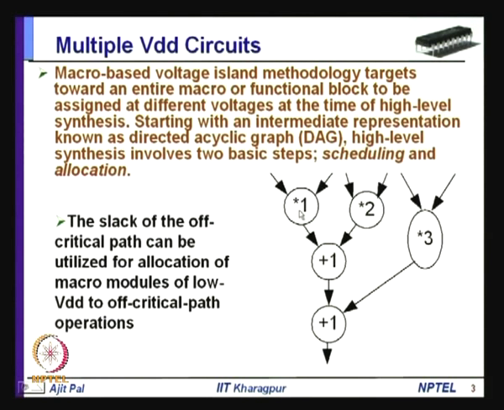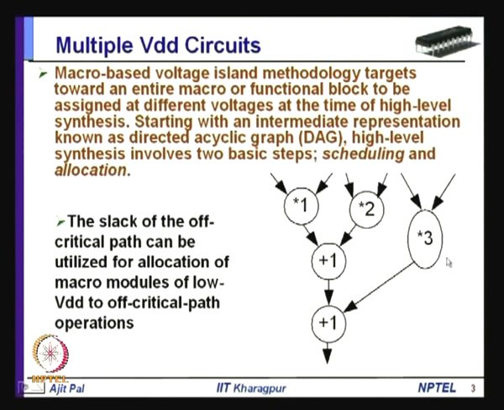We find that this multiplication, this multiplication, and this addition, that means multiplications 1 and 2 and addition 1, all these 4 are on the critical path. Here multiplier 1 is performing this multiplication operation, multiplication 2 is being performed by a second multiplier, and addition is being performed by a single adder in this time step and in this time step. All of these are on the critical path, so you cannot really change their positions.